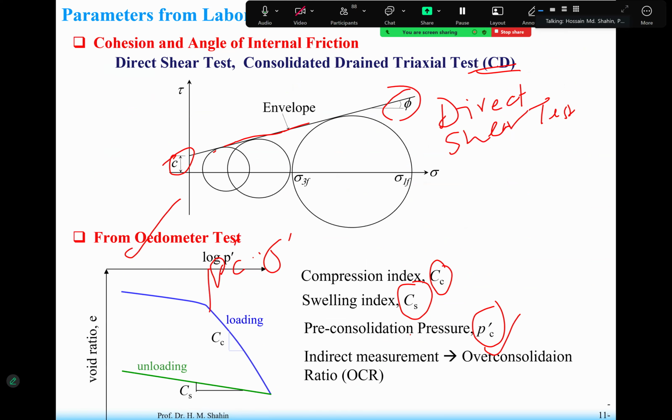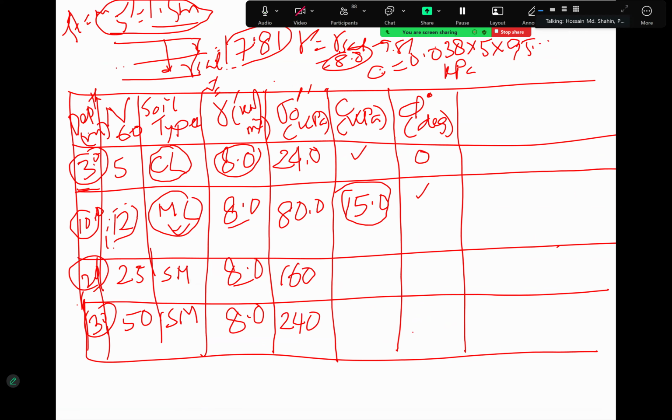Okay, so use that equation, and for silty soil, ML, whatever phi value you get from that equation, just subtract 5. If it is more than 35, first convert it into 35 as I said, and then subtract 5 degrees. Okay, this value.